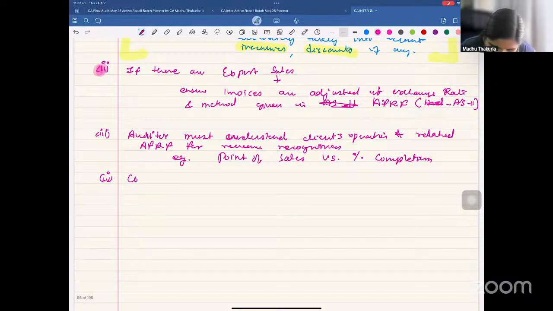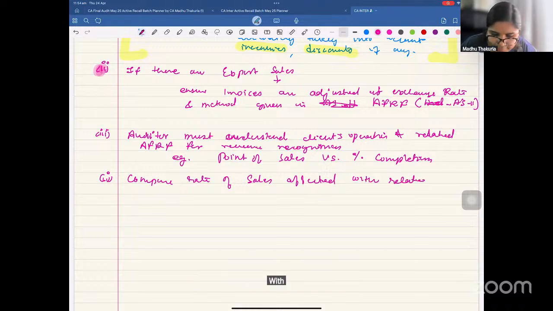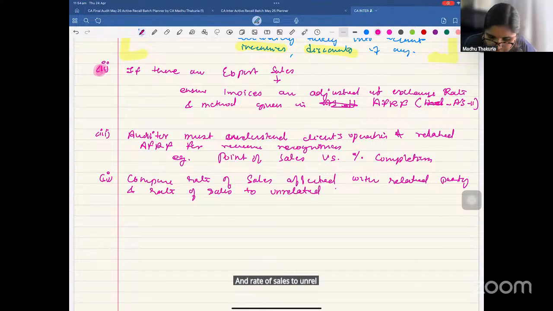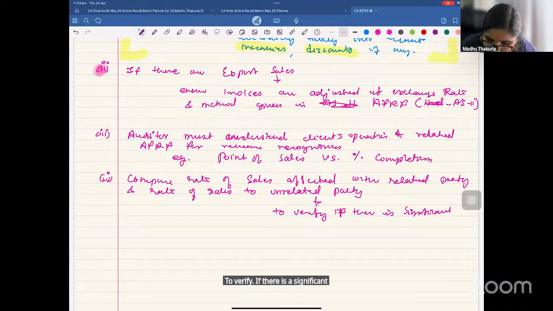Then last, you will compare the rate of sales affected with related party and the rate of sales to unrelated party to verify if there are significant differences.